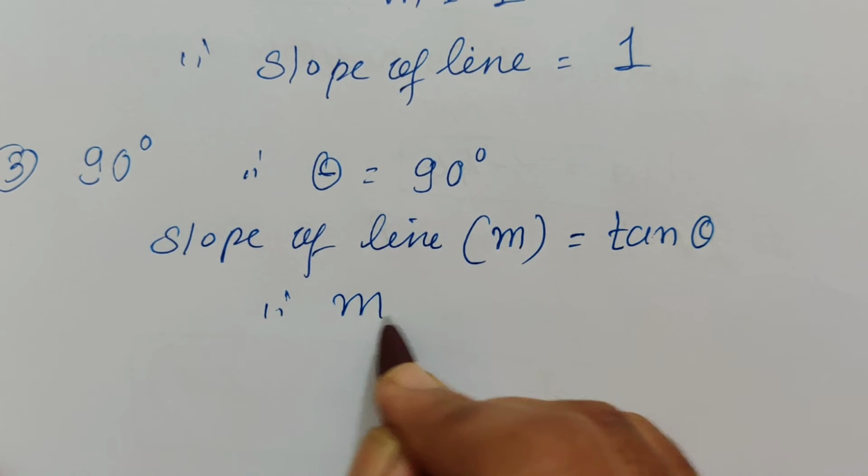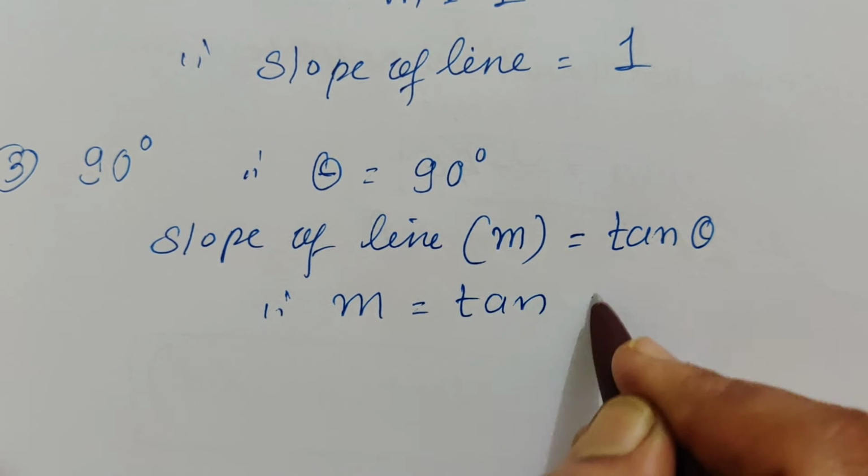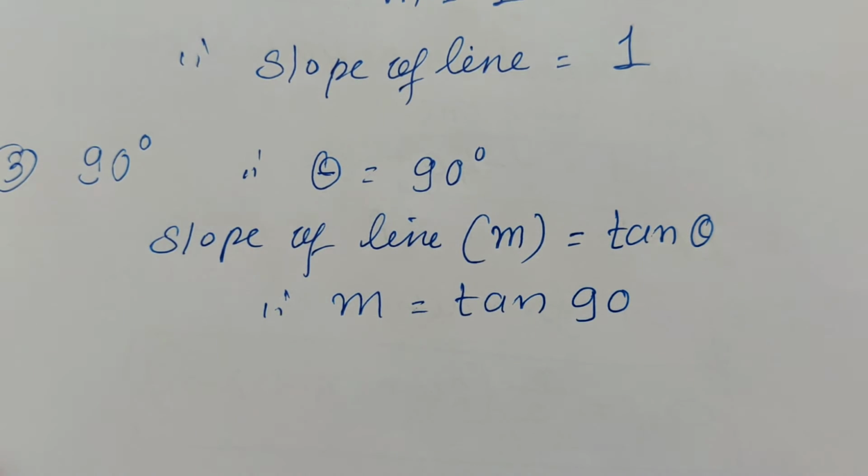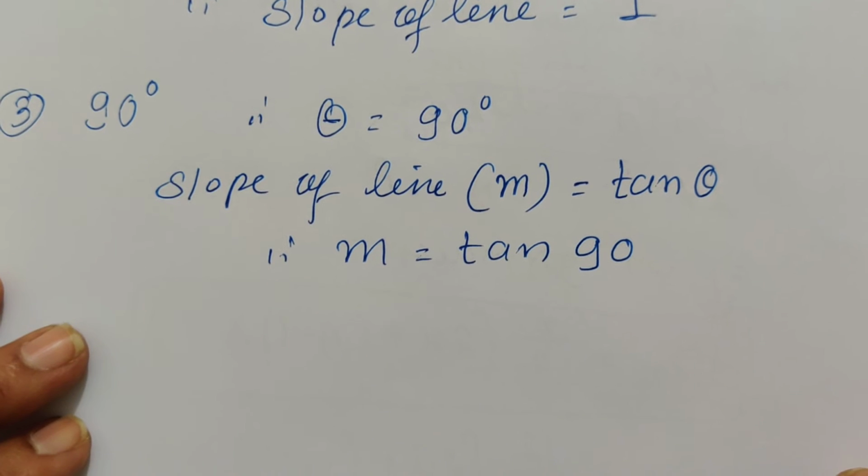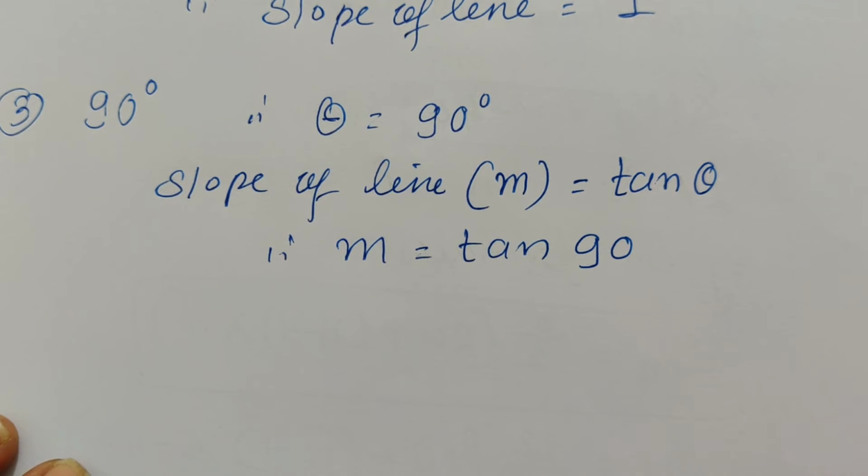Means M is equal to tan 90. And try to remember the value of tan 90 from trigonometry. Tan 90 cannot be defined.